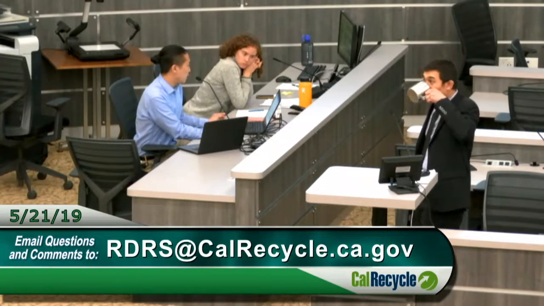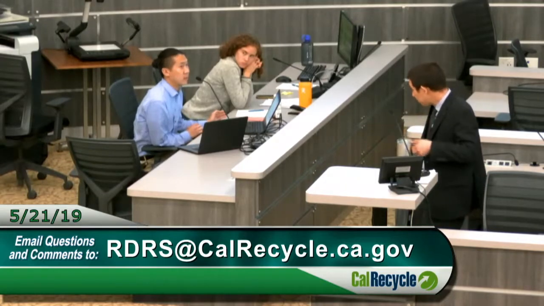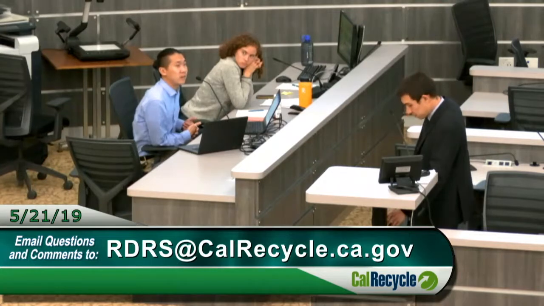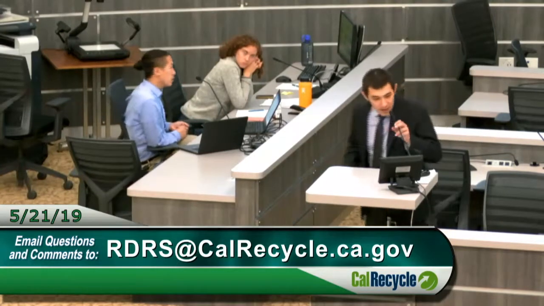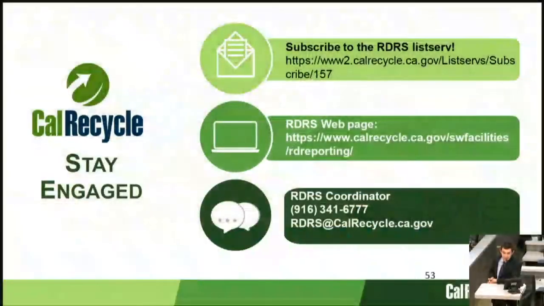So first question is, lots of people are wondering where can we find the contact information for these entities or for these facilities in RDRS? Yeah. So I've referred to that as well, usually when I say RDRS number and contact information.